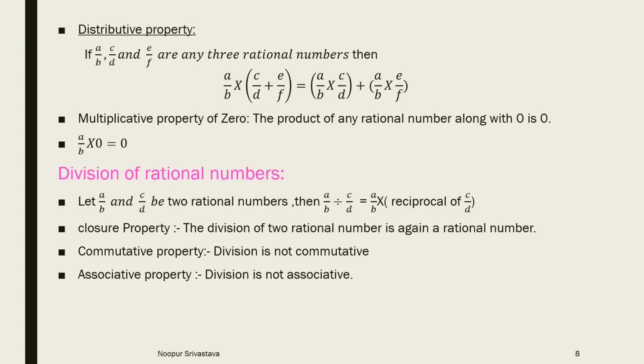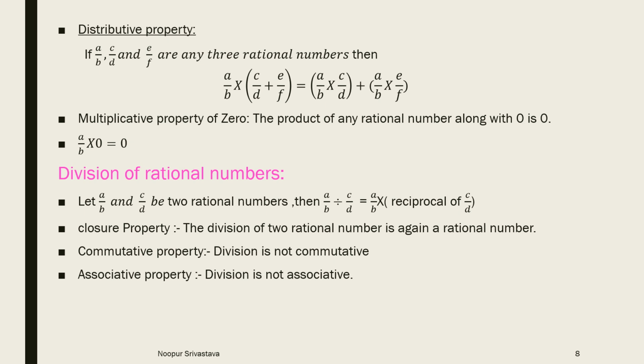Then we can write A by B divided by C by D equal to A by B into the reciprocal of C upon D, where the division sign changes into a multiplication sign. So in a simple manner, the rational number which is just after the division sign has to be reciprocated in order to get the division of the two rational numbers.